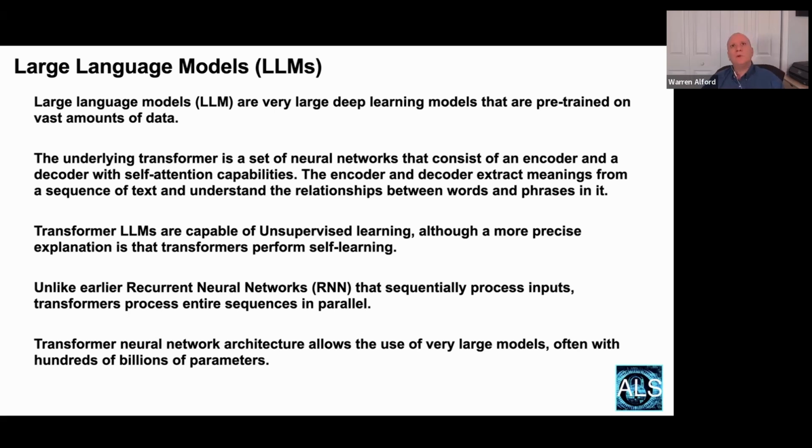The transformer neural network architecture allows the use of the very large models, and sometimes these have billions, if not trillions, of parameters. Examples of the machine learning applications are like spam detection, recommendation systems, fraud detection, and predictive maintenance.